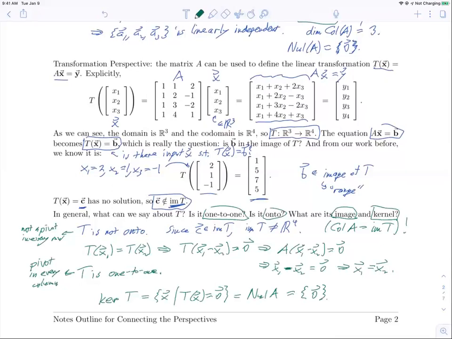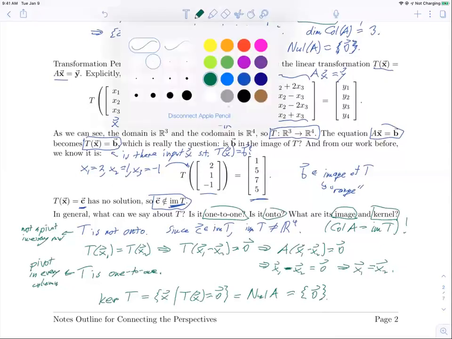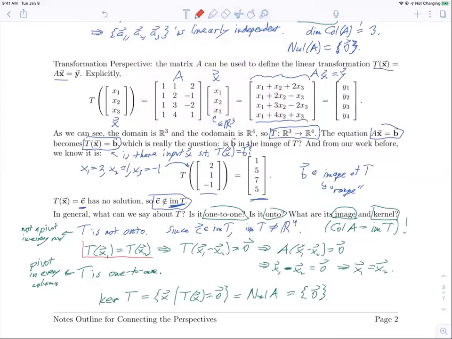So it turns out that one-to-oneness, we can actually see these are connected, right? By this argument I just gave, the kernel here is trivial, and that is equivalent to T being one-to-one.